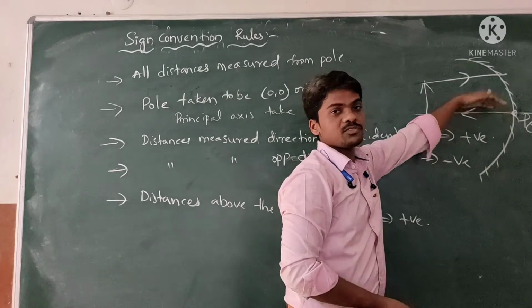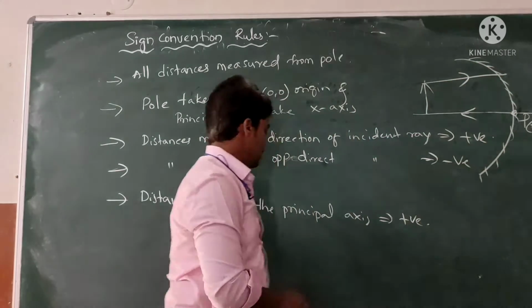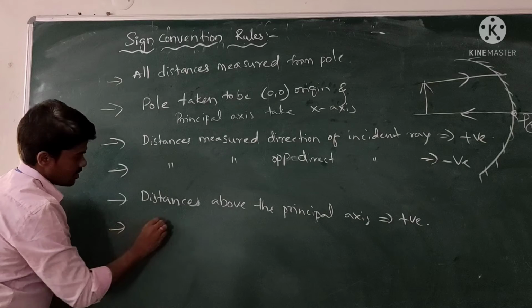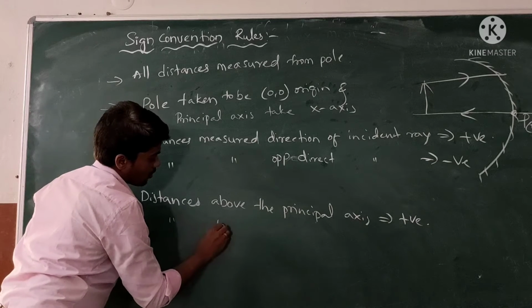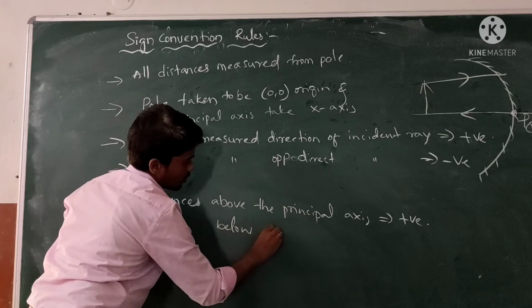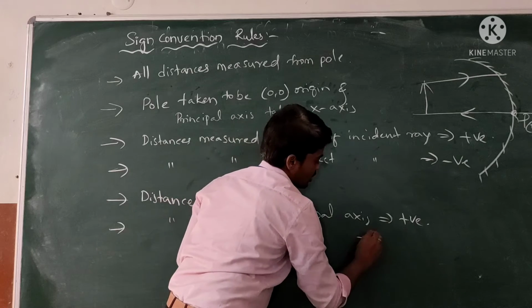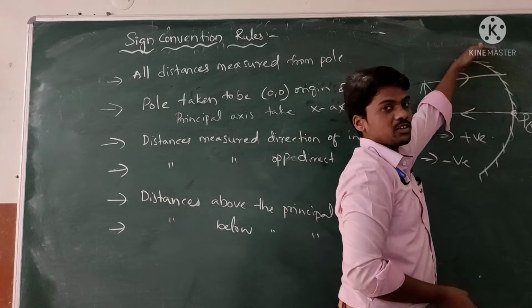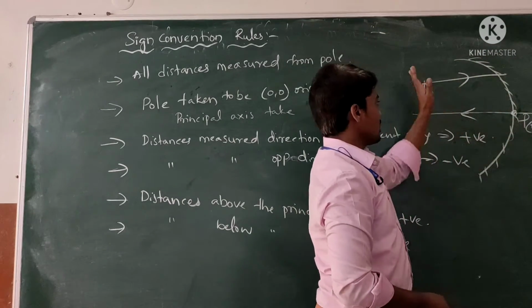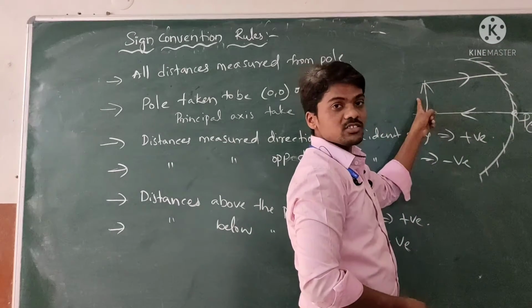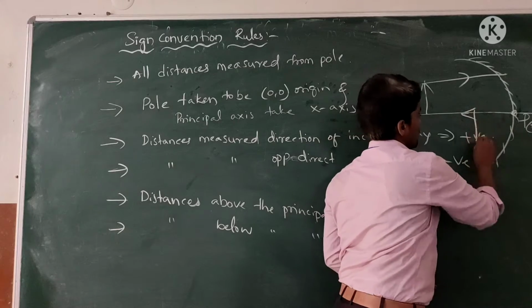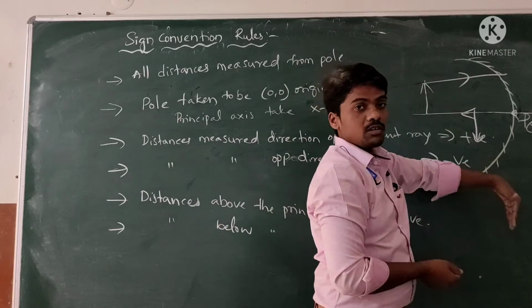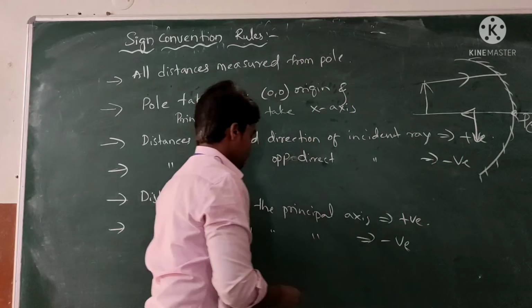Here is the origin: upside is positive, downside is negative. For example, here is the image. The image is downward, so take it as negative.